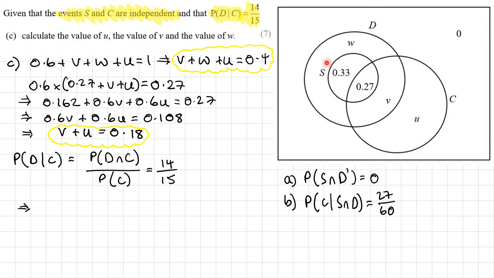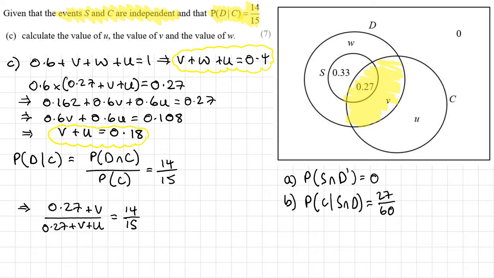Probability of D and C. So D and C, that is this part, that's the overlap of D and C. So that is going to be 0.27 plus V over the probability of C. Well, that's all of these added together. So 0.27 plus V plus U, and that is equal to 14 over 15.